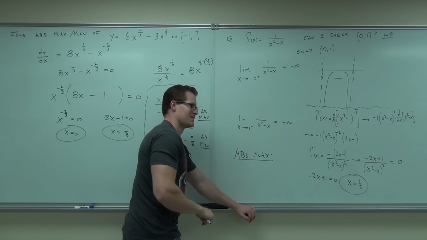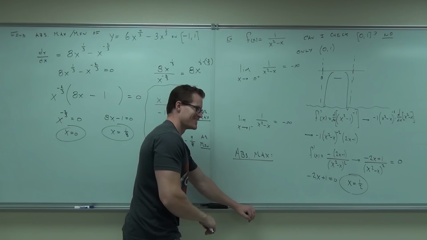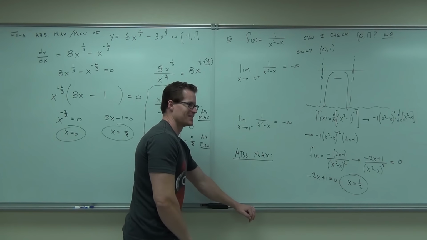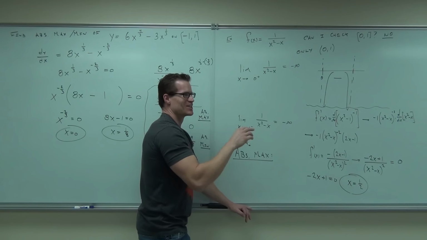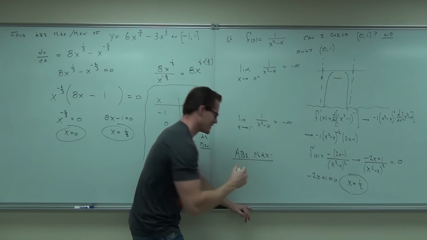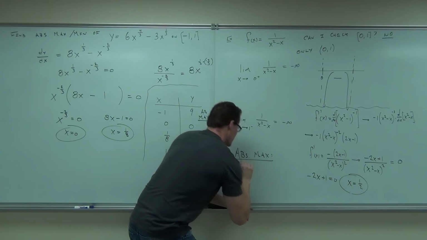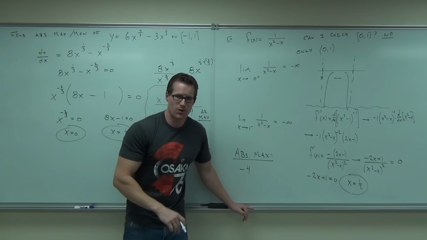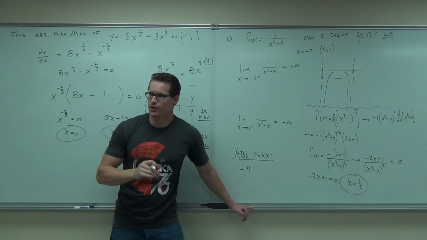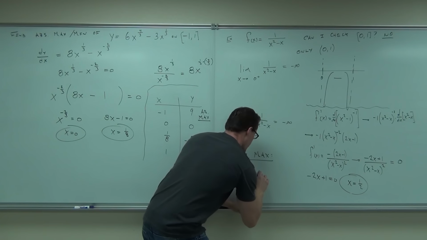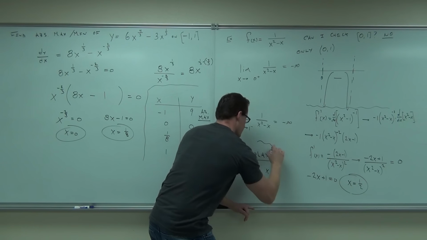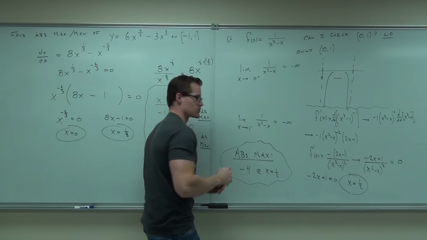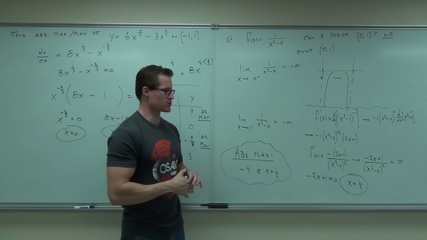Reciprocated, you're going to get -4. Thanks, Scott. I forgot about that. Is the absolute max -4 or 1/2? It's -4. It occurs at x equals 1/2. And that's your absolute maximum for that function.